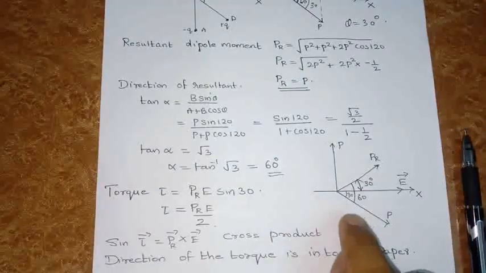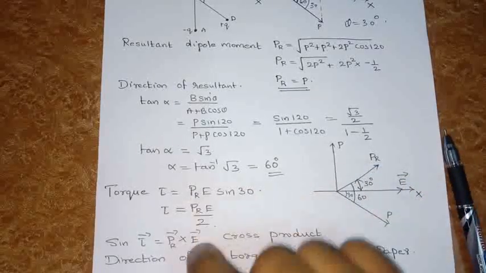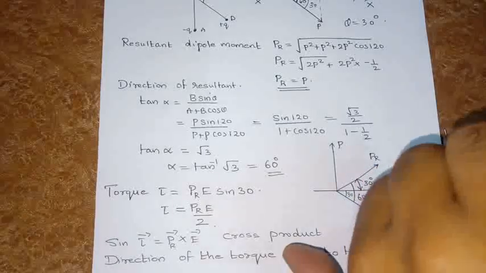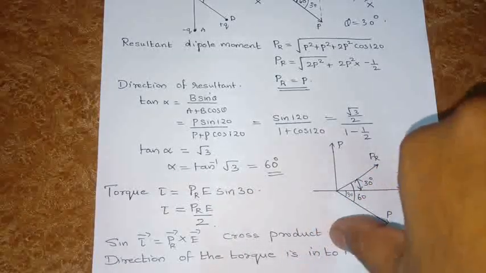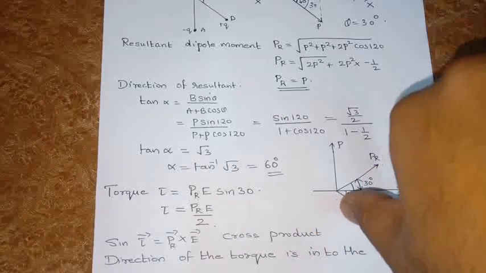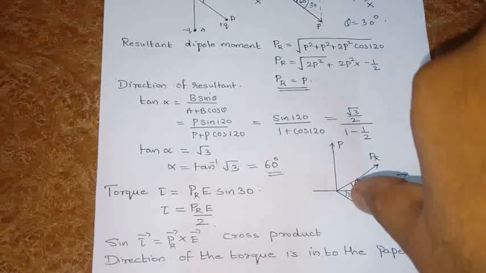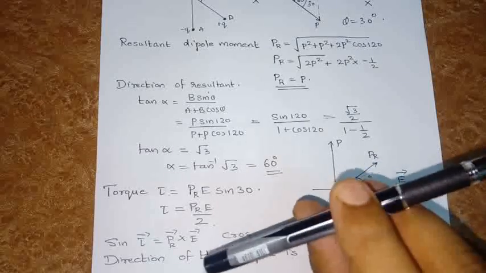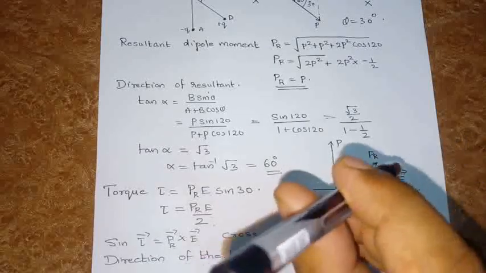In this particular case, the first vector is P_R and the second vector is E. I have to curl my fingers from P_R to E. That means the thumb indicates the direction of the resultant, so the resultant will be acting into the paper. So this particular system will rotate like this, because the resultant vector is acting into the paper.